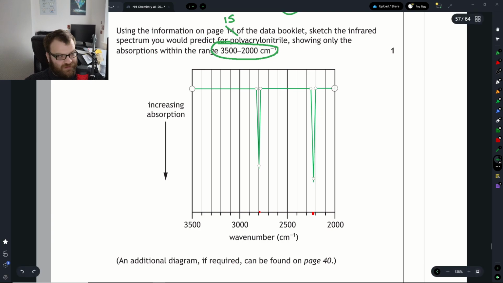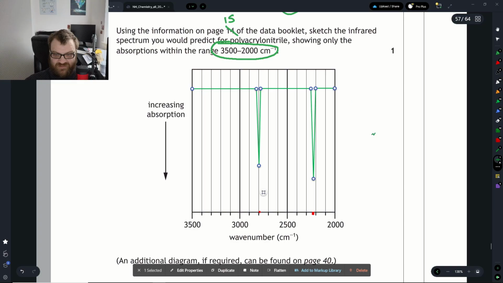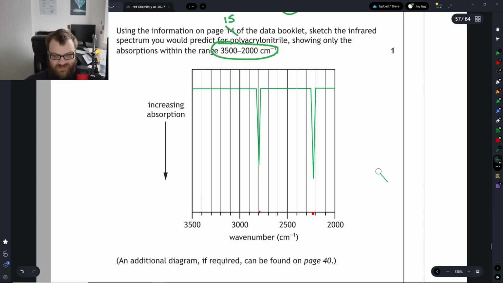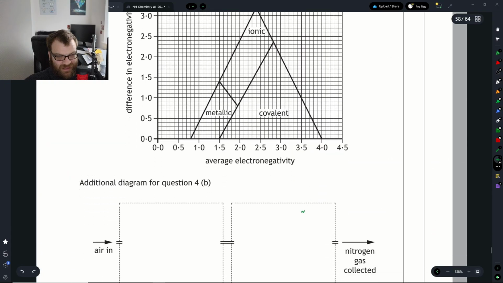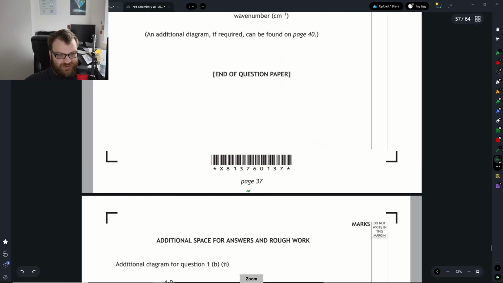There, and end. Those lines. Main thing is that the position of the peaks is in the right place. So as long as you have them in around about the 2700 to 3000 range, and then as long as you have it within the 2200 type one, which again we do have popped in there. And that is the end of the paper.